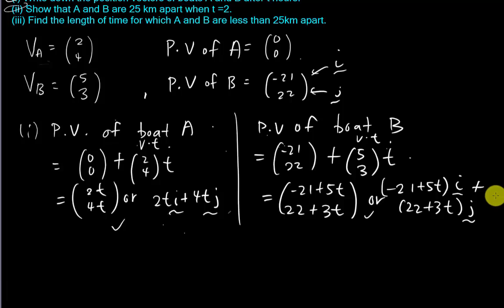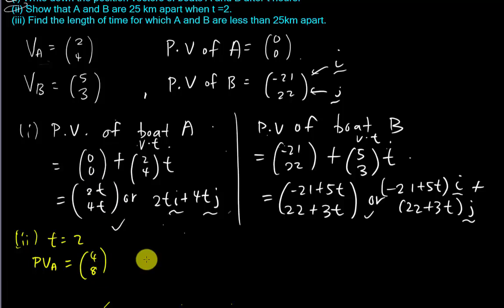So of course I will substitute the 2 into it first. When t equals 2, the position vector of A, substituting 2 into t here, you get 4 and 8.